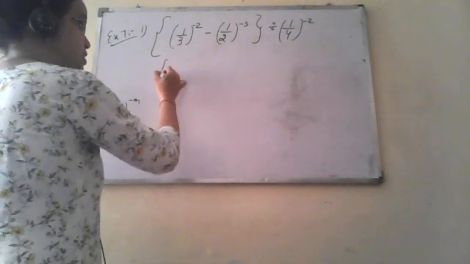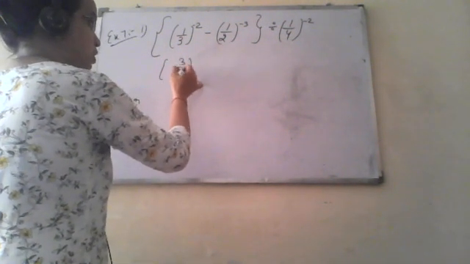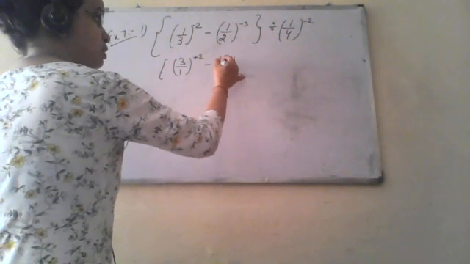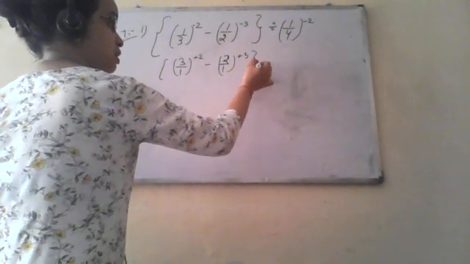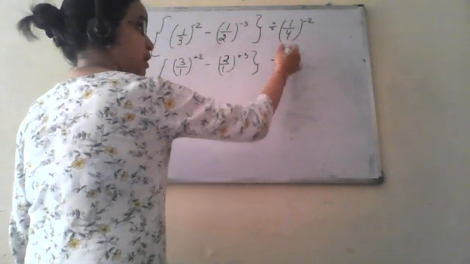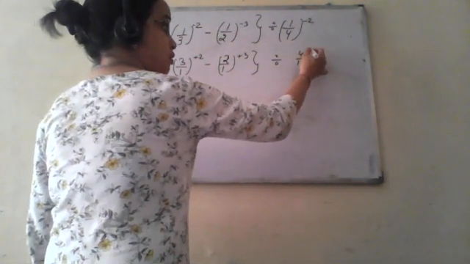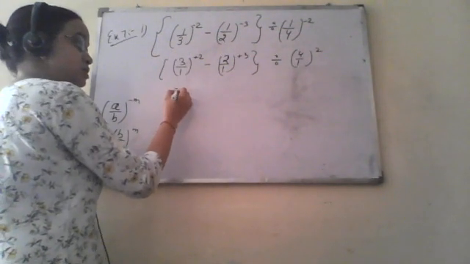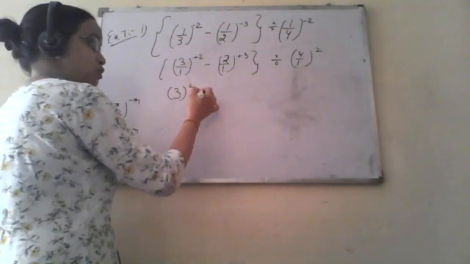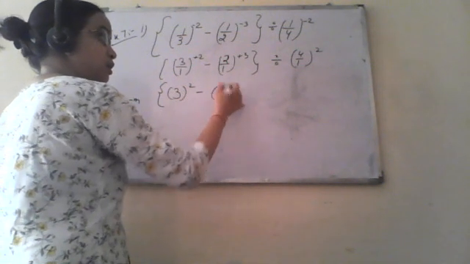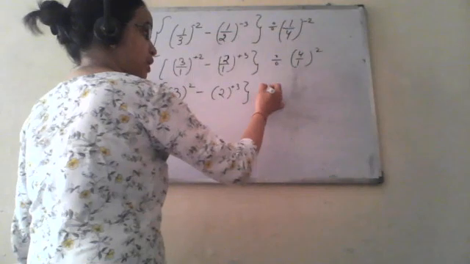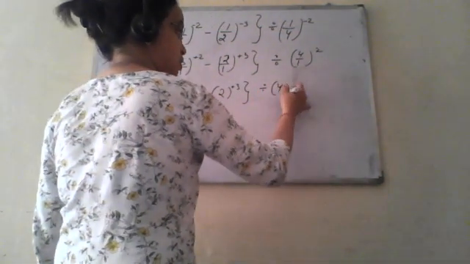So this can be written as (3/1) to the power plus 2 minus (2/1) to the power plus 3, in one bracket, divided by (4/1) to the power plus 2. Now 3 upon 1 is simply 3. This is 3 to the power 2 minus 2 to the power 3, divided by 4 to the power 2.